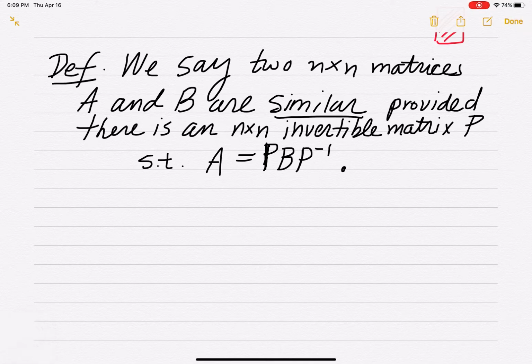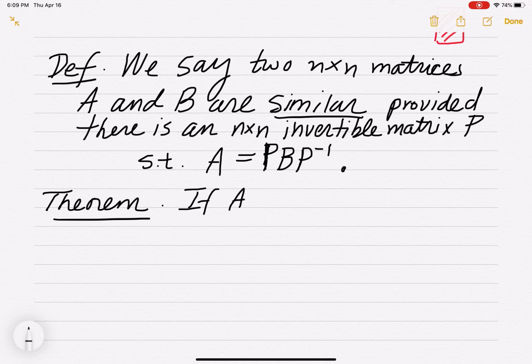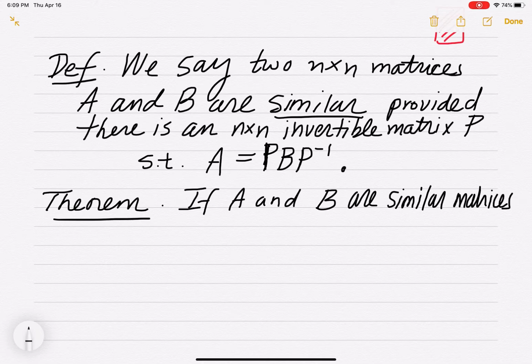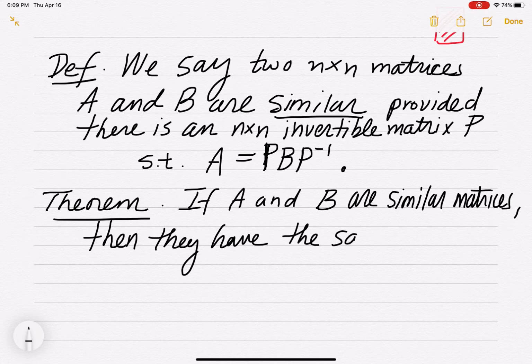So, really big result. This is going to feature later down the road. If A and B are similar matrices, then they have the same eigenvalues.